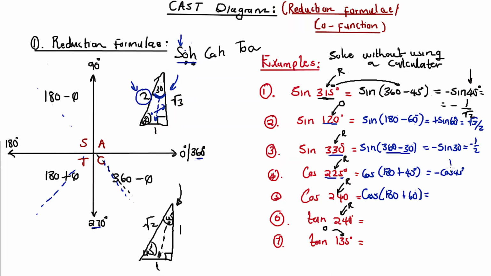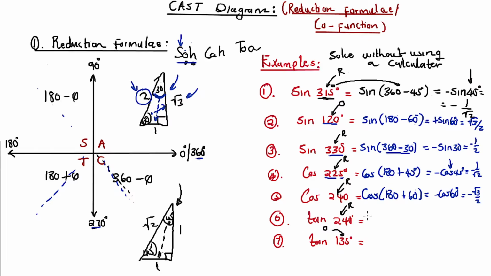Okay, we're going to come back to this one. So it's going to be a minus cos 60 degrees. So using the 45 triangle, the previous one is going to be a minus 1 over square root 2. This one is going to be a minus cos 60. It's going to be a minus, using this triangle and applying SOHCAHTOA, 1 over 2.